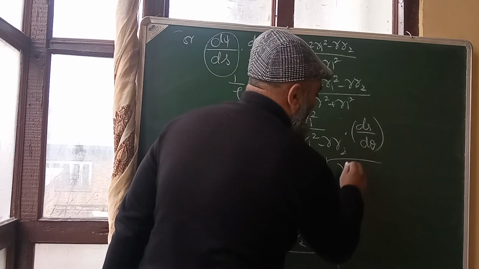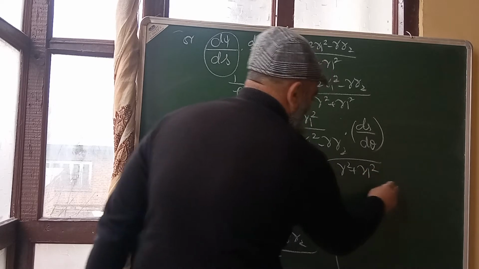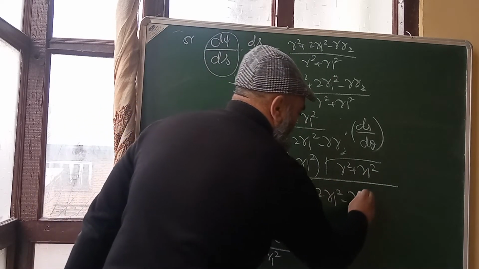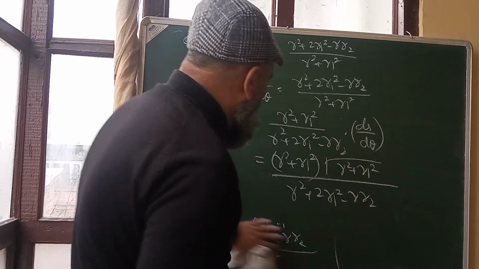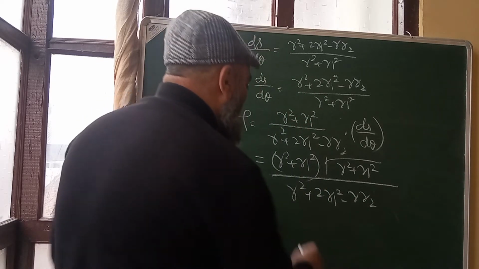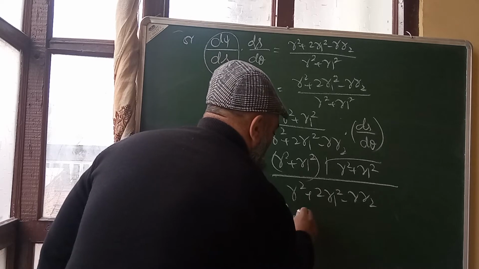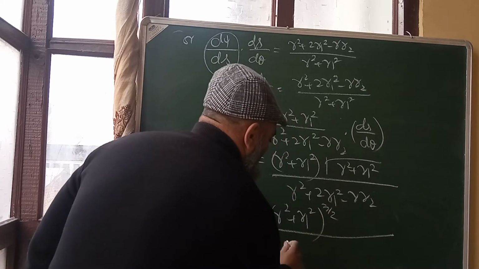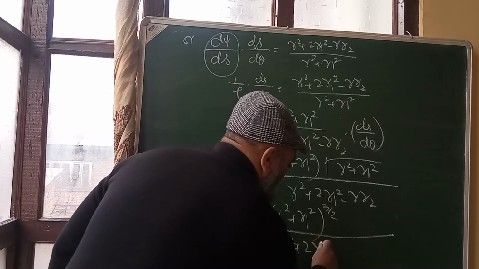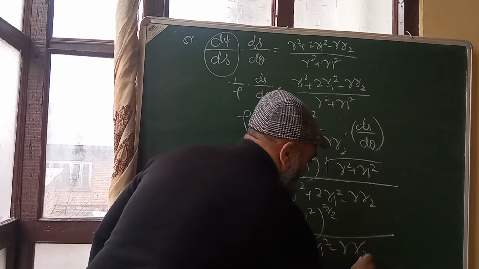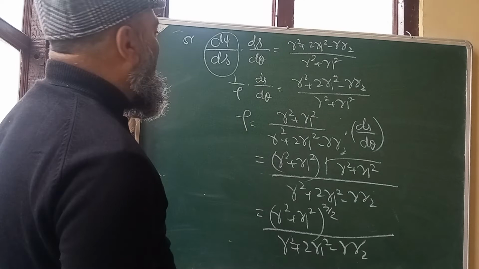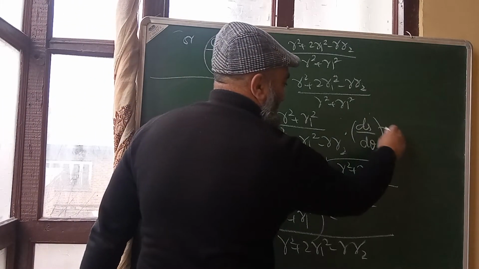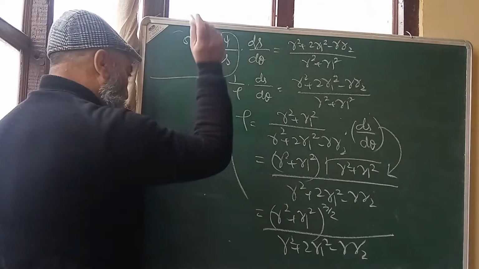Under root of r squared plus r1 squared, and I am through. Reason is same. You have to work it out. This is (r squared plus r1 squared) to the power 3 by 2 divided by r squared plus twice r1 squared minus r2.